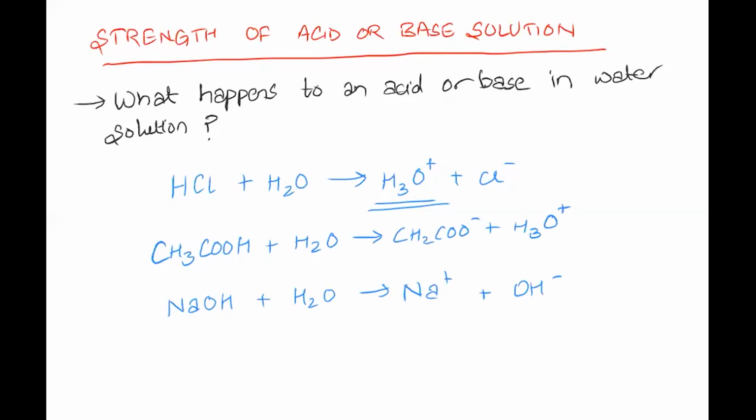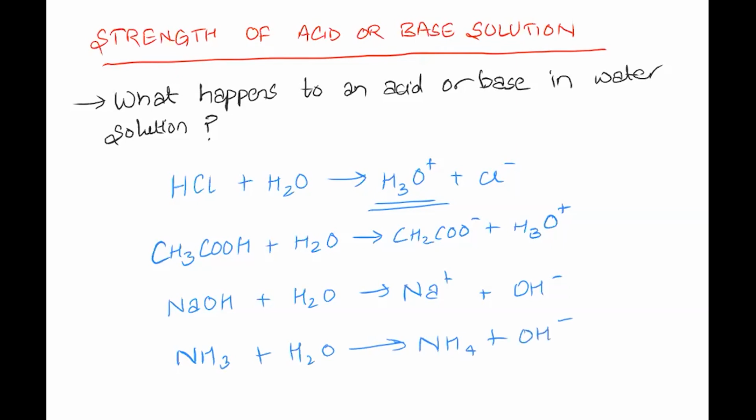In a similar manner, we have NH3 plus H2O. This is a base which is not of the form like we generally see bases which have OH. So this is also a base, but it does not have any OH. But when it reacts with water, we get NH4 plus and hydroxide ions.